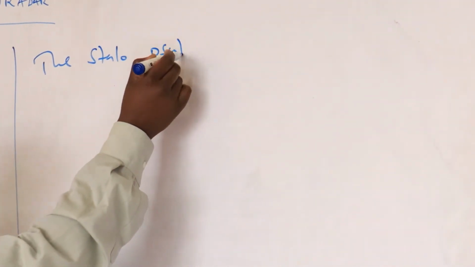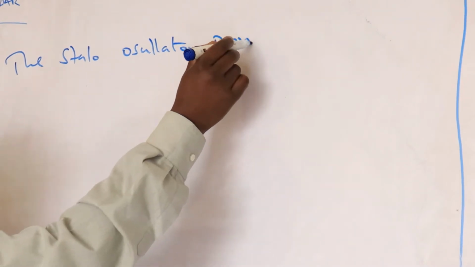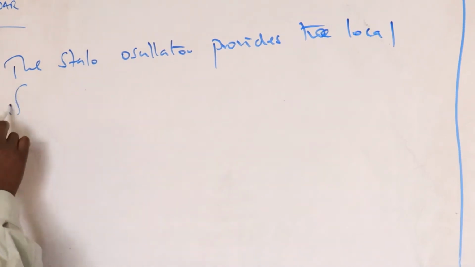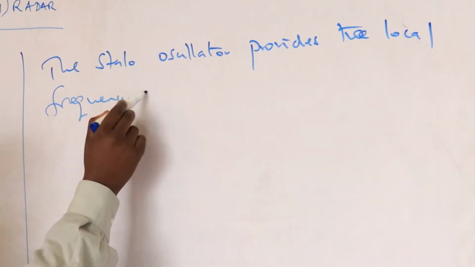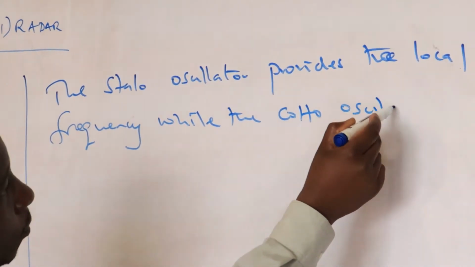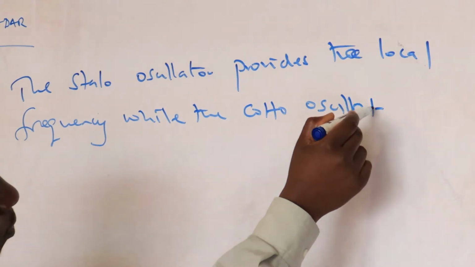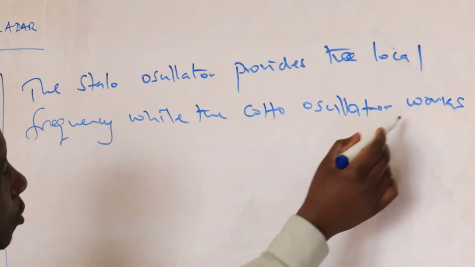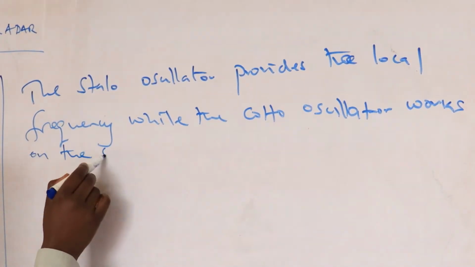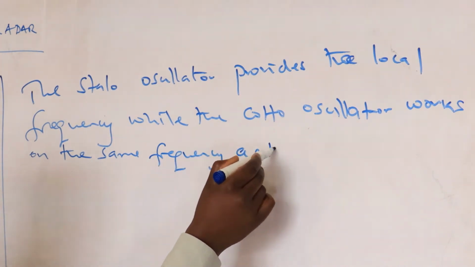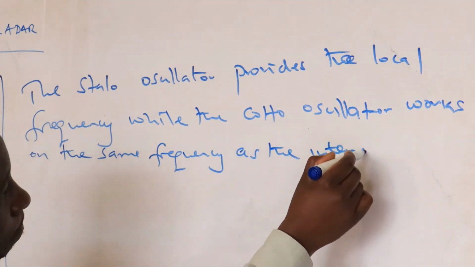The stalo oscillator provides the local frequency, while the coho oscillator works on the same frequency as the intermediate frequency.